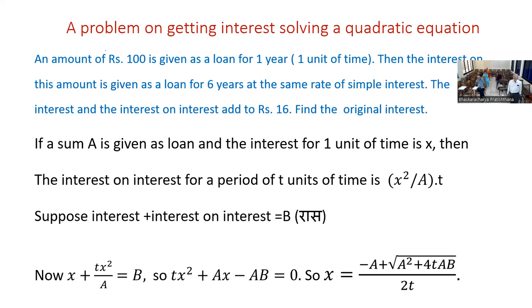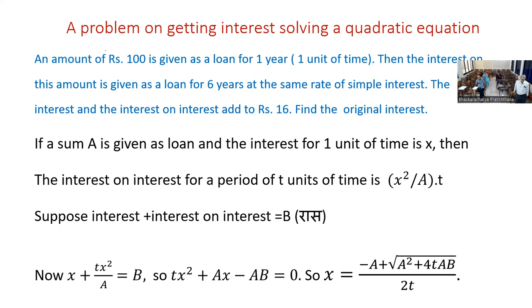So your rate of interest is X upon A. The principal is now X, and that X is multiplied by X upon A, and that you are multiplying by T, the number of years or units of time that you are considering.